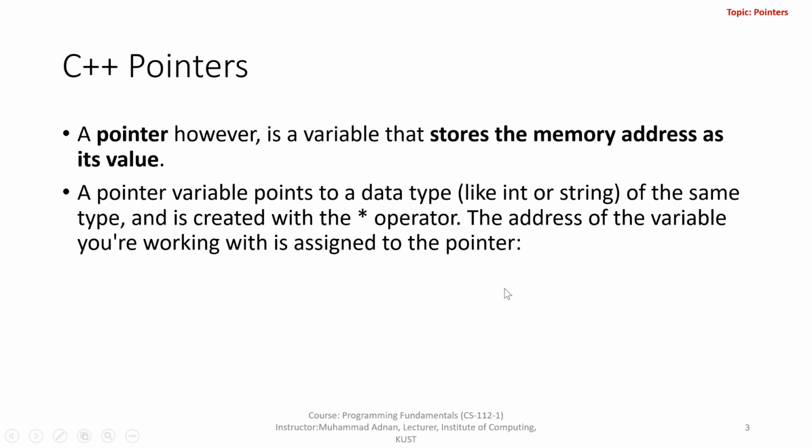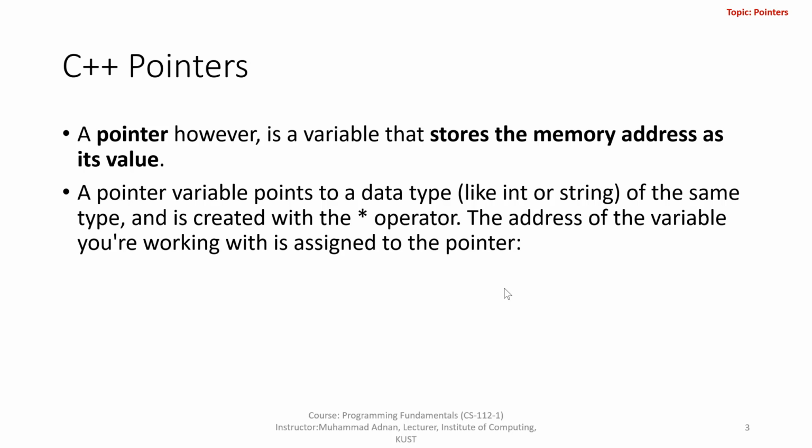With that, we are now in a position to discuss C++ pointers. A pointer is a variable, which means that it can hold something. So what is that something? A pointer is a variable that stores a memory address as its value.